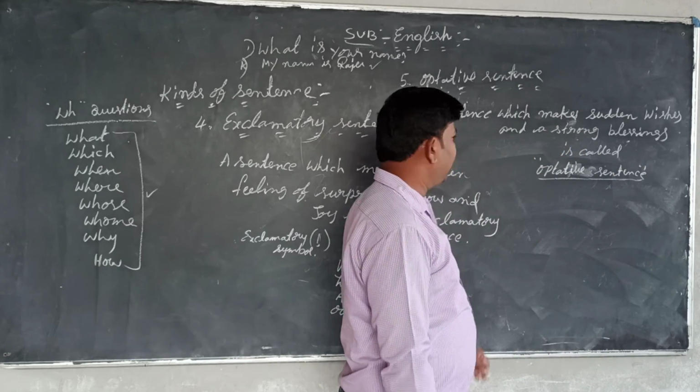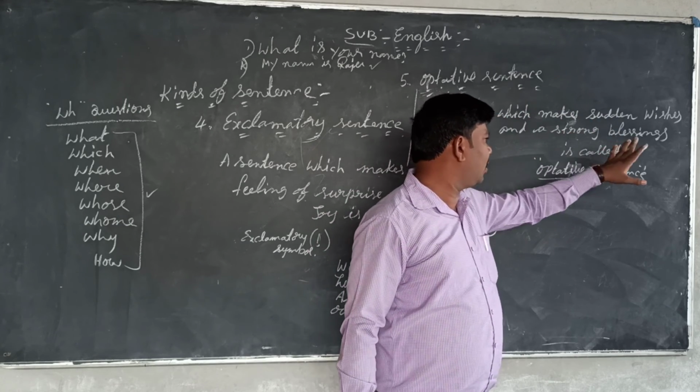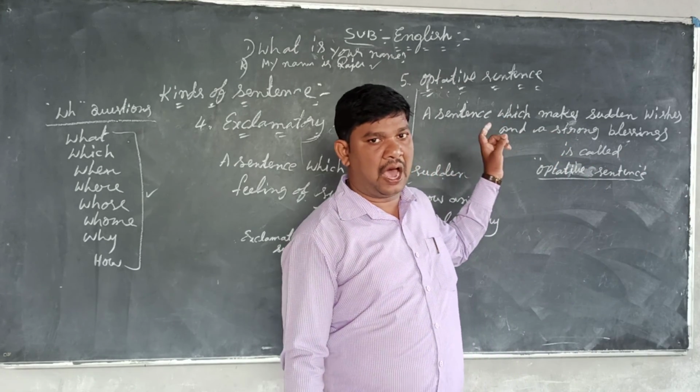So what is the meaning of an optative sentence? A sentence which makes sudden wishes and strong blessings is called an optative sentence.